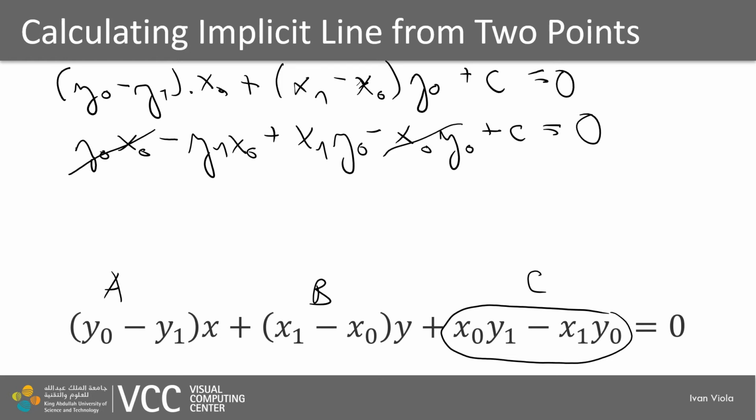So we will end up with C equals, and this is a negative term, so on the other side it will be positive, y1 x0 minus x1 y0. And this is exactly what we have here just by switching these two.